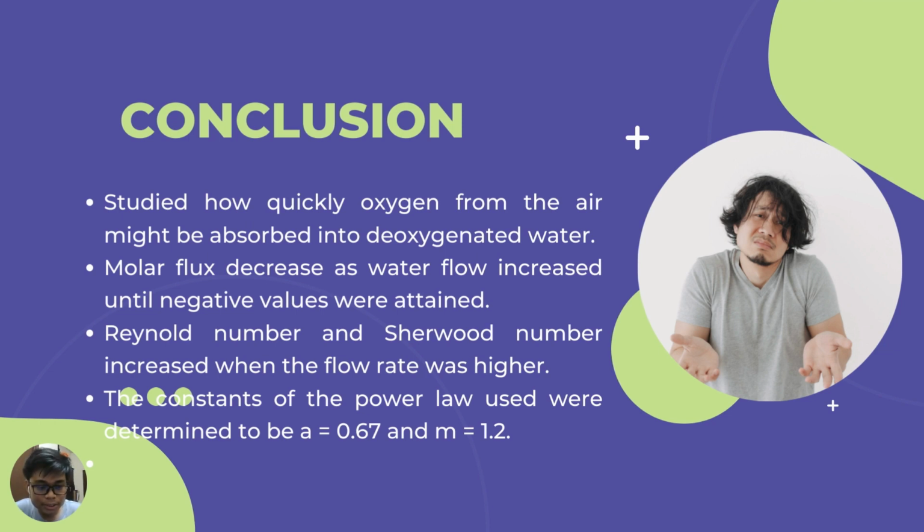The power law relationship plot, which was graphed at the end, showed a positive association between log Reynolds numbers and log Sherwood numbers. The constants of the power law applied in the experiment to correlate the mass transfer coefficient to fluid parameters were found to be A is 0.67 and M is 1.2, which is similar to the value found in a literature review.